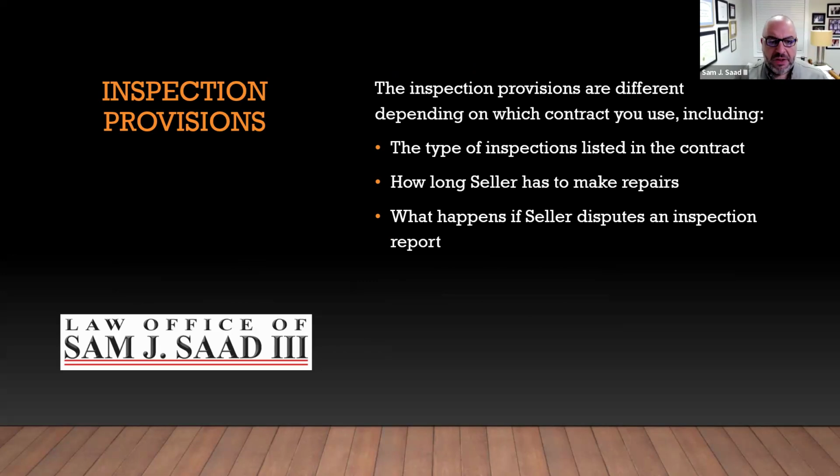We're going to talk about how the inspection provisions are different depending on which contract you use, the type of inspections, how long the seller has to make repairs, and what happens if the seller disputes an election report. These are essentially the three topics. The issues are negotiated by virtue of the form picked.